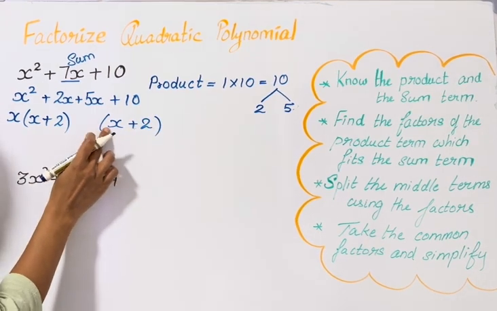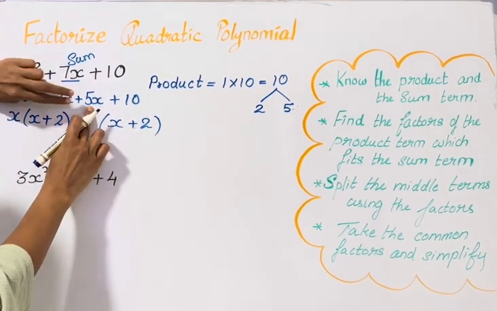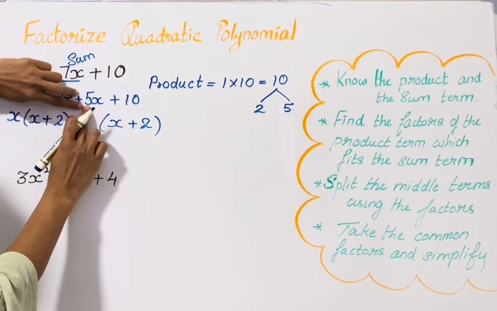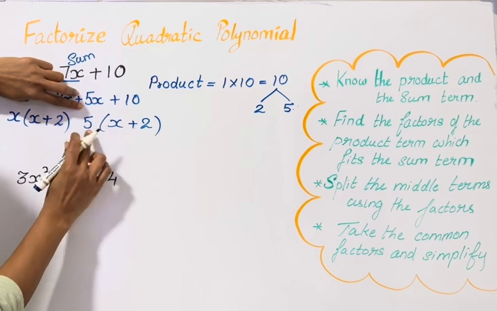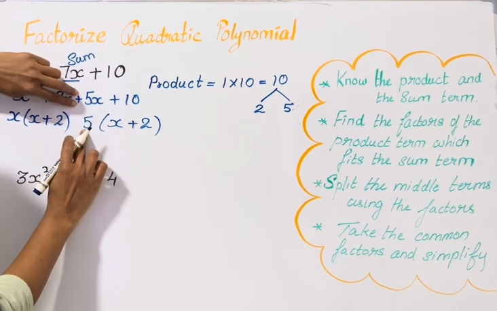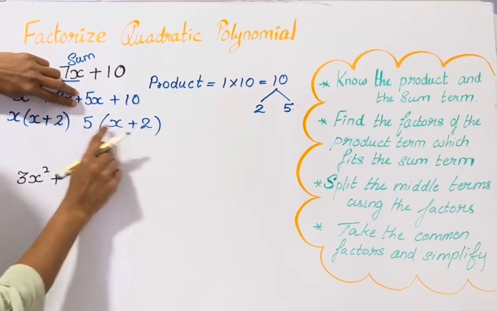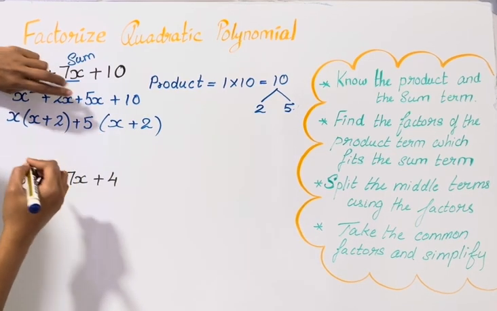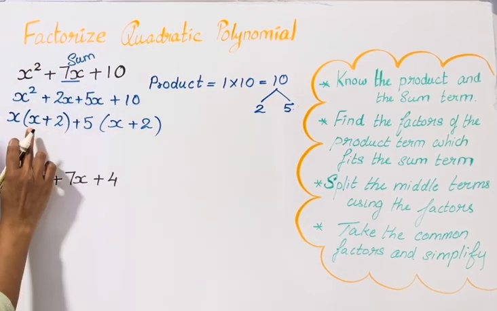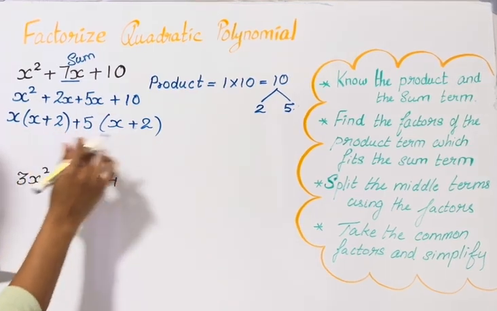Comparing the third term 5x, the x has to be multiplied by 5, giving 5x. And 5 multiplied by 2 is 10. So we have taken the common factors and simplified this.